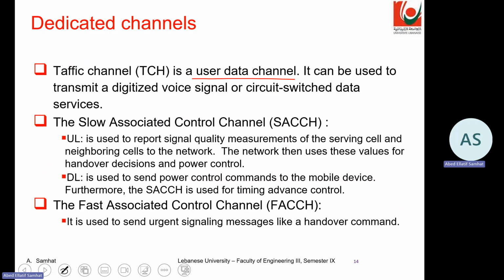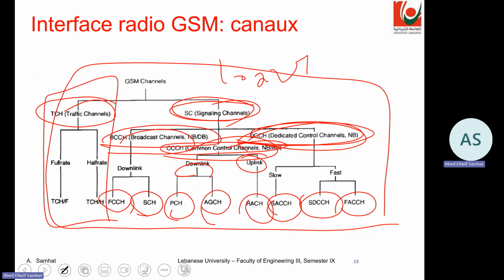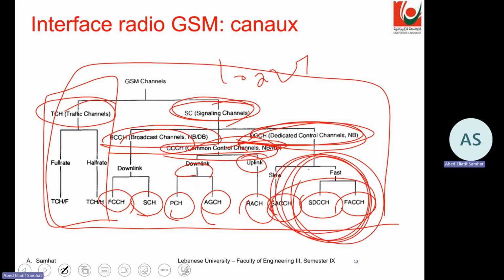It's also possible, as we use internet over GSM, to use data over those traffic channels. So this is the traffic channel, which is dedicated, and we have the control channel.